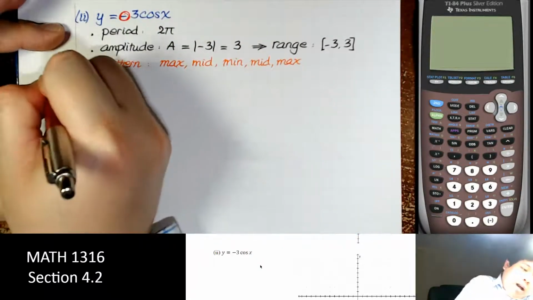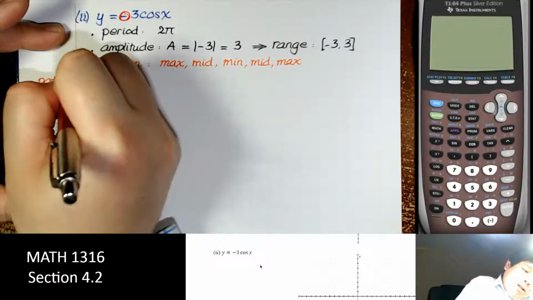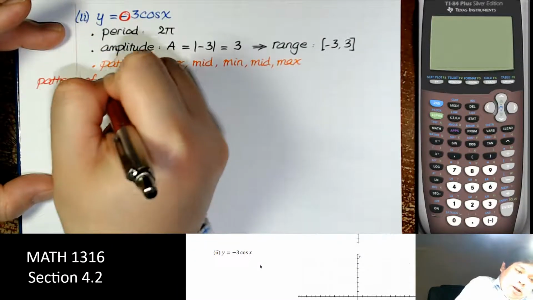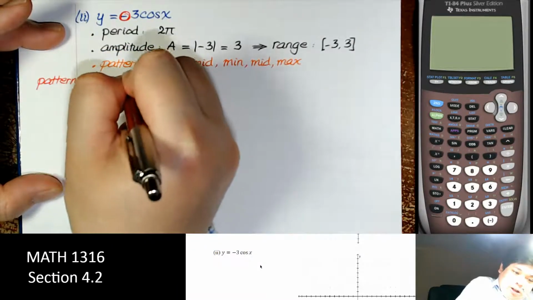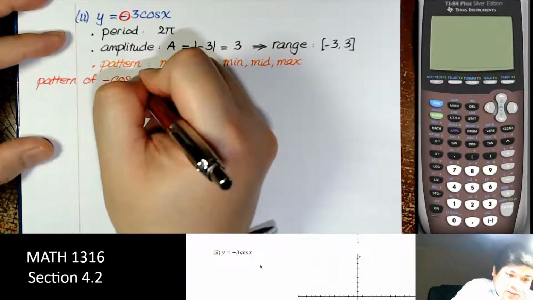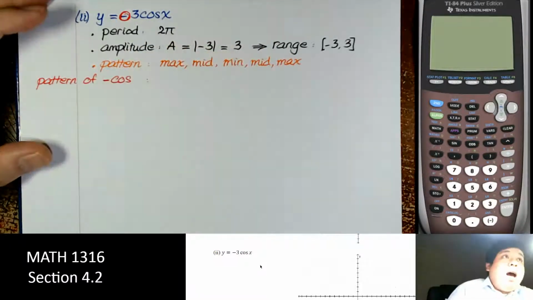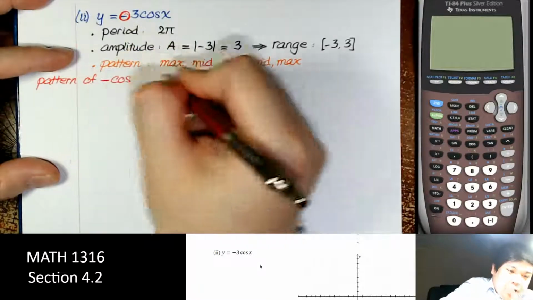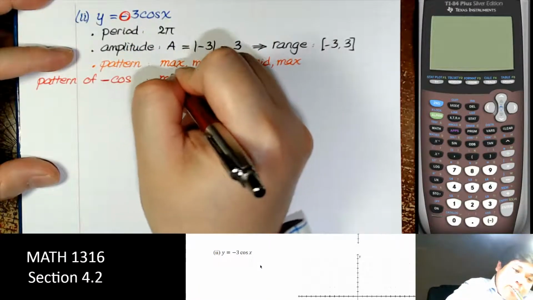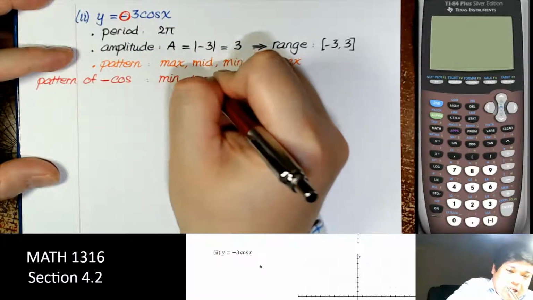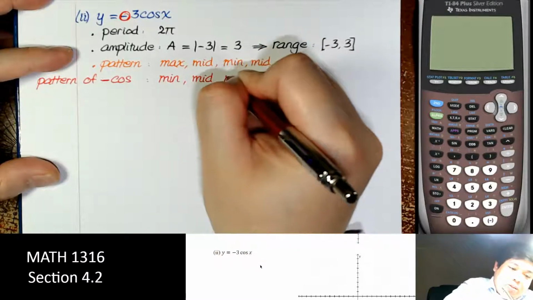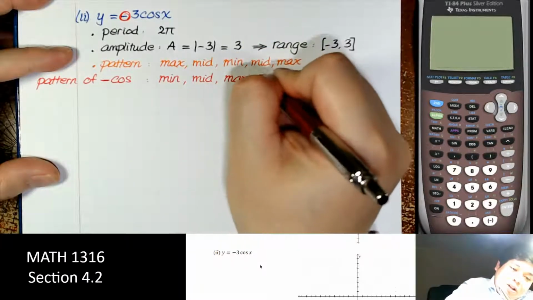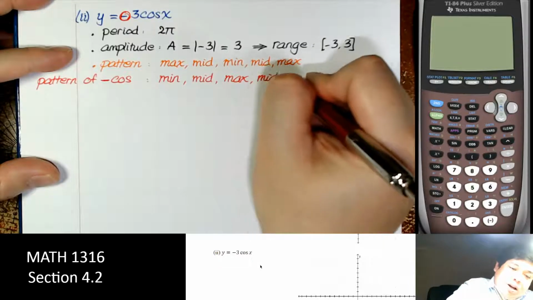Now we go to the pattern of negative cosine. With the negative, the maximum becomes the minimum, the middle still stays the same, the minimum becomes the max, the middle stays the same, and the max becomes the min.